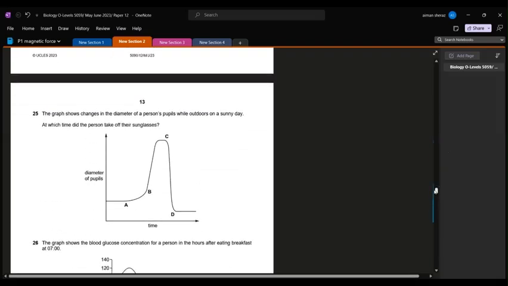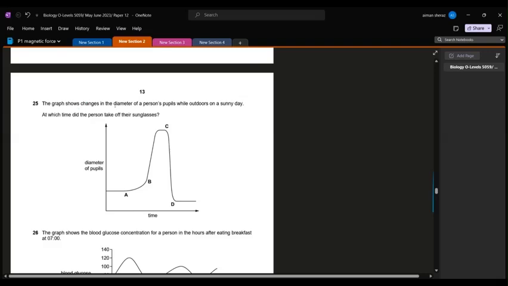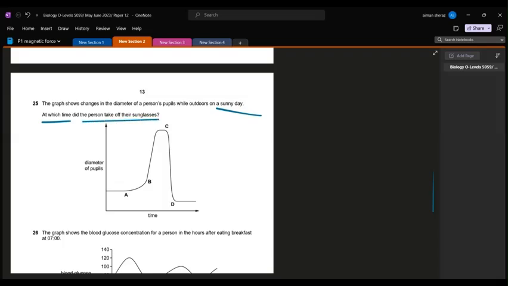Question number 25. The graph shows the changes in the diameter of a person's pupils while outside on a sunny day. If they have told you it's a sunny day, that means the sun is bright and the light intensity is high. At which time did the person take off their sunglasses? Initially, the person was wearing sunglasses which protected his eyes from the bright light of the sun.